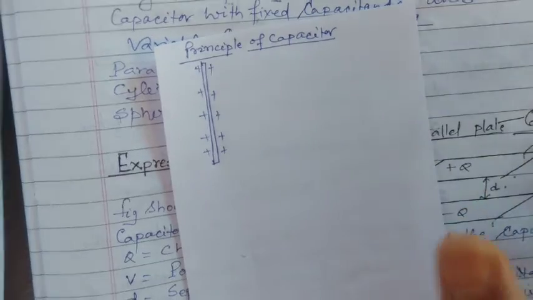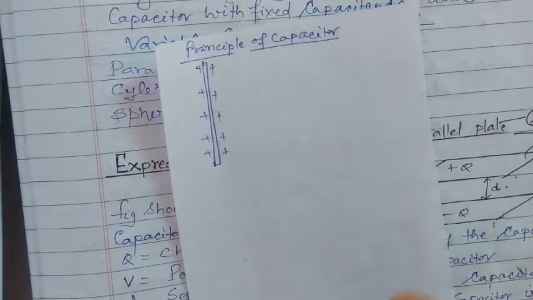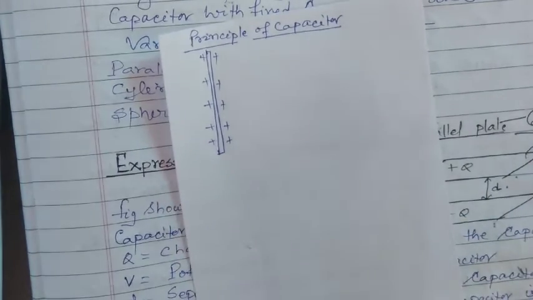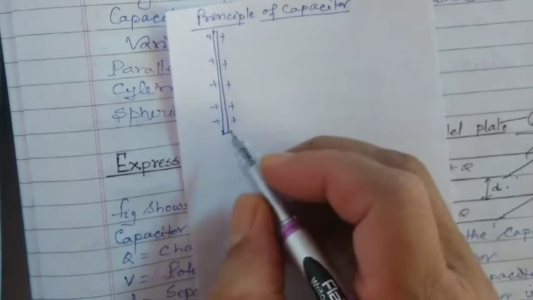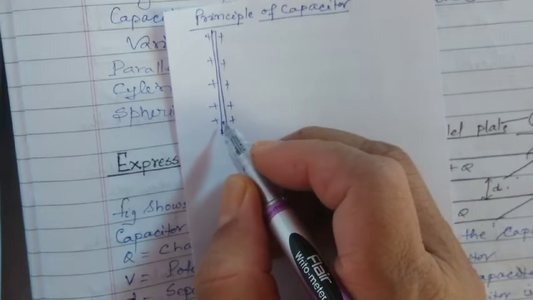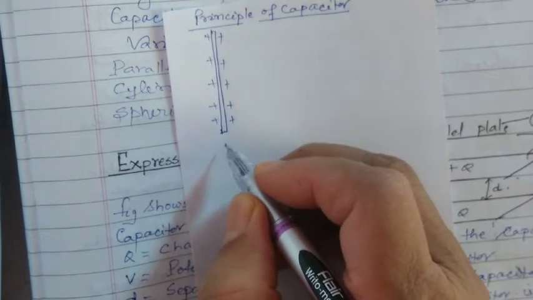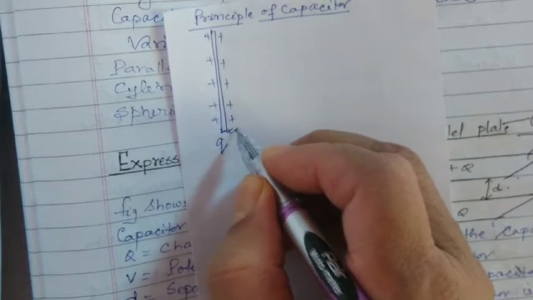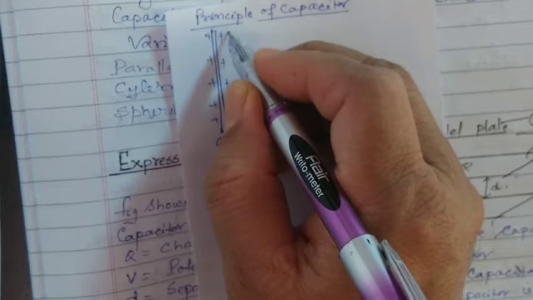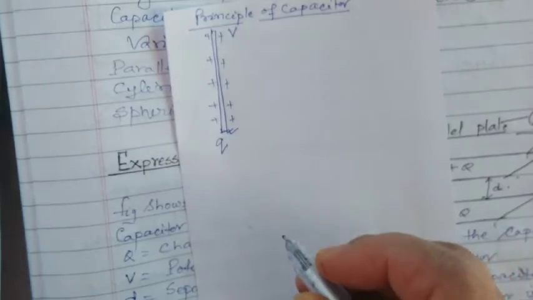That is, every conductor has a limited capacity to withhold charge. Now suppose the maximum amount of charge which this conductor can withhold is Q, and it has been given to this conductor, and its potential becomes V.